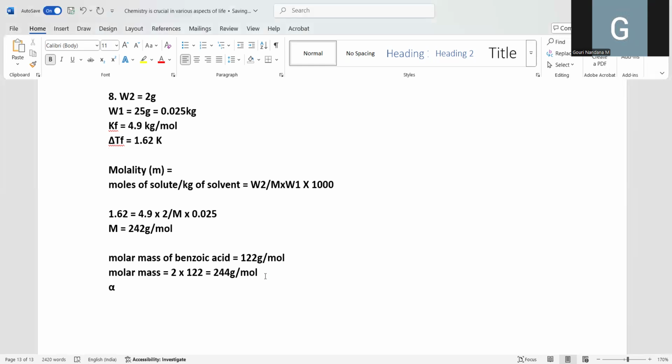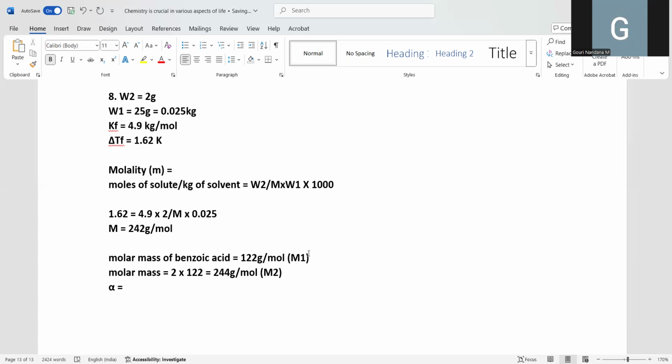So, percentage association alpha is equal to molar mass of benzoic acid, that is from what we know, like a theoretical kind of thing. So let us take this as M1, and this as M2.